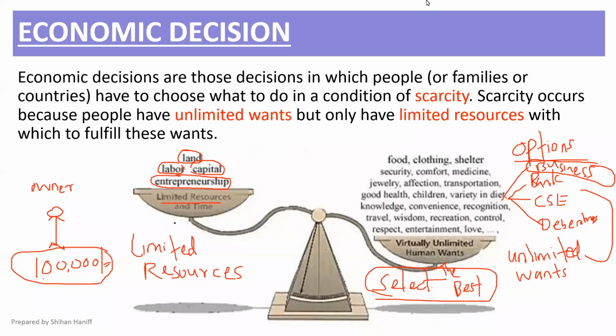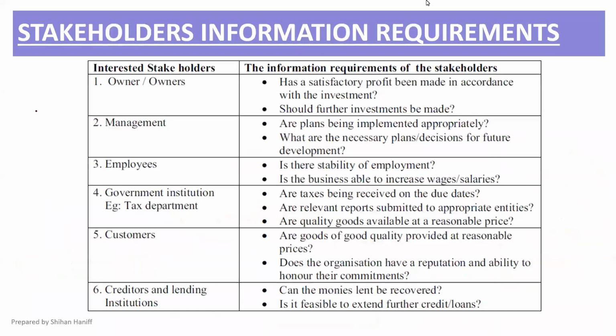This is relevant not only for the owner, but for all the stakeholders. For example, take the employees of the business. They see the financial statement. They see how much salary they are getting, what the bonus or incentive is.